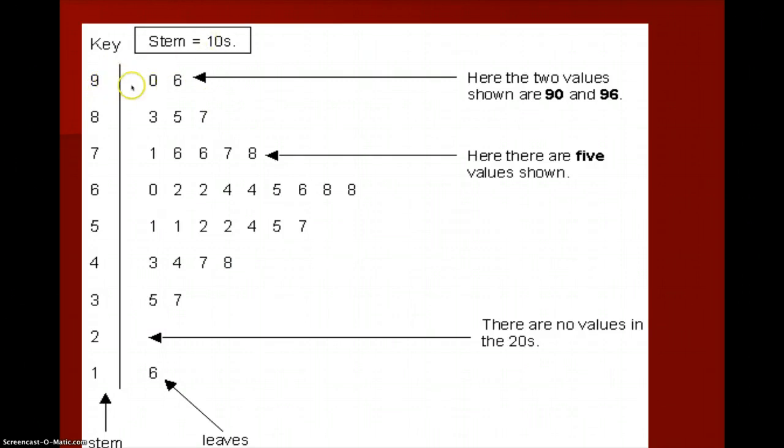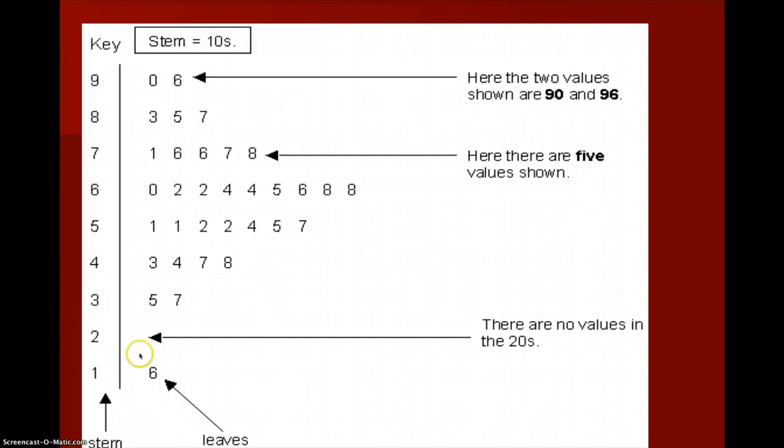So there's two values here. There's 90 and 96. There are 5 values here. There's 71, 76, another 76, another 77, and another that's 88. So we have this grouping of information. Here we don't see anything, so there's no values in the 20s.